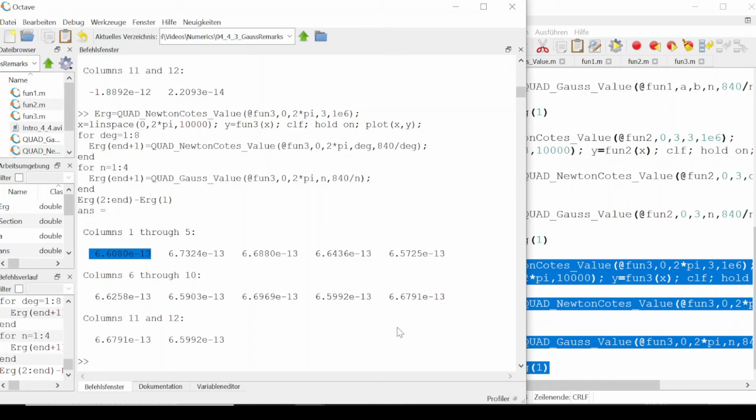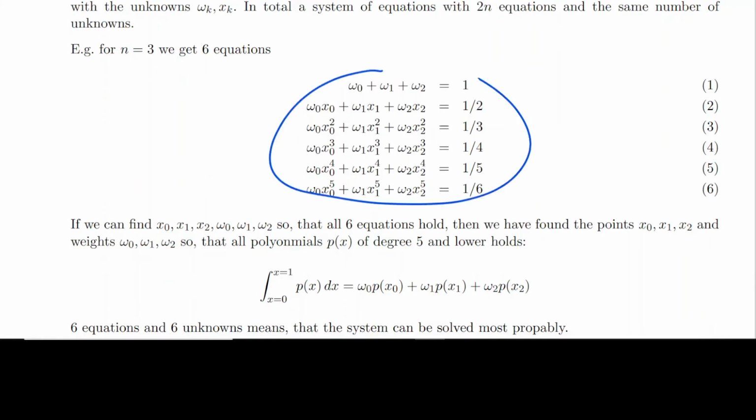And now one last point, which I forgot to mention in the first video about Gauss quadrature. When we started with our Gauss quadrature idea, we had these 6 equations. And we did not know, is there really a solution? We expected, yes, there might be a solution because we have 6 equations and 6 unknowns. But one thing more.